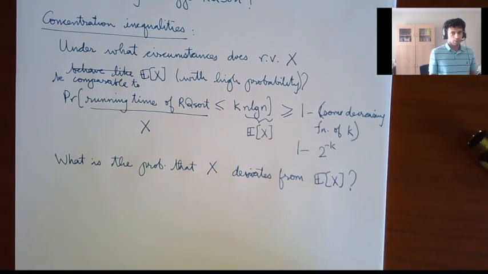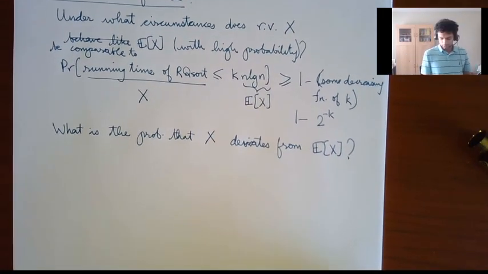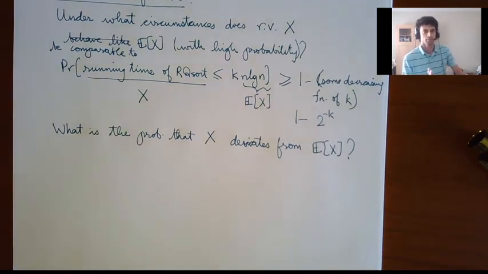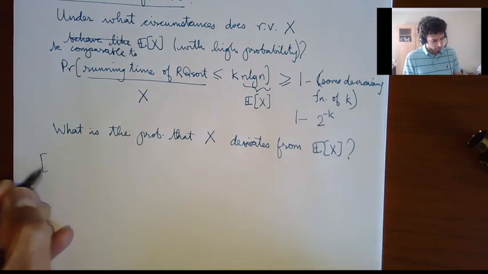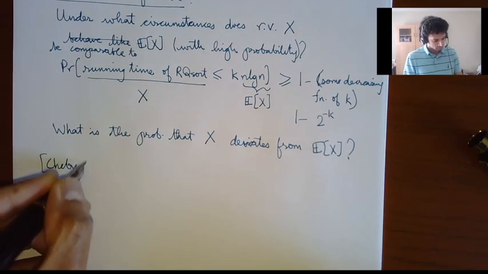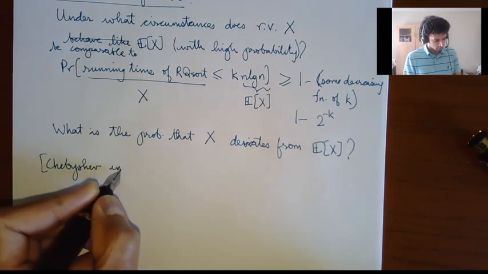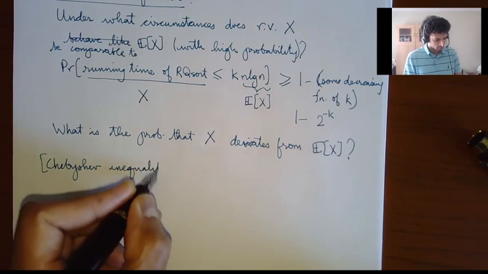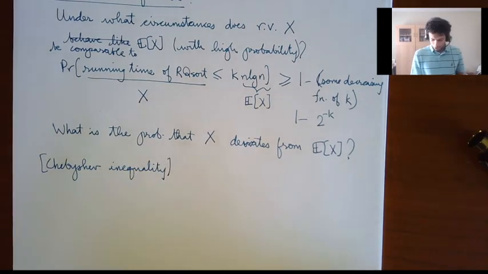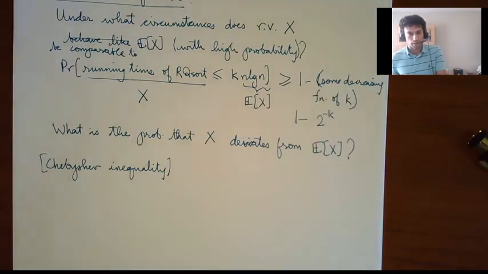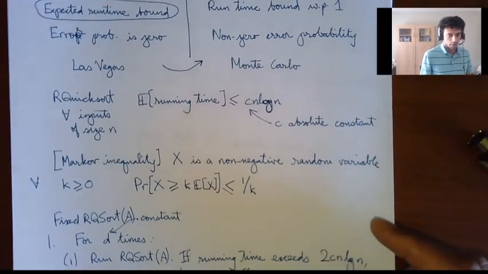So let's start with the most common, simple concentration inequality, one that you've all seen, which is Chebyshev's inequality. Chebyshev is going to be sort of weak over here, and then we'll discuss more inequalities. So what is the Chebyshev inequality? I just want to go back to the Markov inequality.